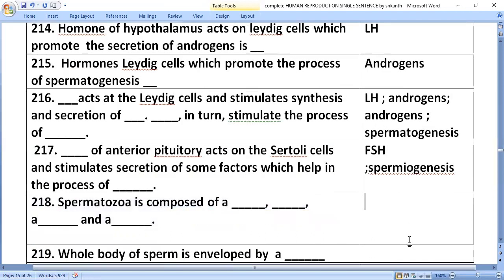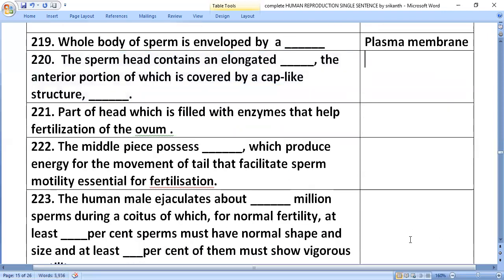Spermatozoa is composed of head, neck, middle piece and tail. The whole body of the sperm is enveloped by plasma membrane. The sperm head contains an elongated haploid nucleus, and the anterior portion is covered by a cap-like structure called acrosome, which is filled with enzymes that help in fertilization of the ovum.